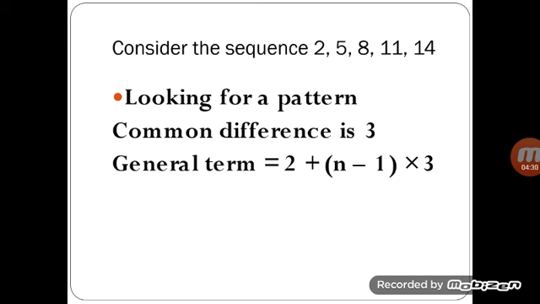For example, to find the sixth term, I will replace n with 6. Then 6 minus 1 is 5, 5 times 3 is 15, and 15 plus 2 is 17. So the sixth term in the sequence will be 17.